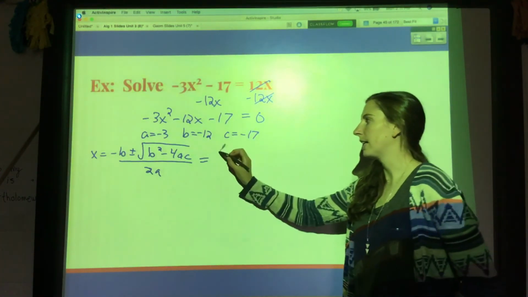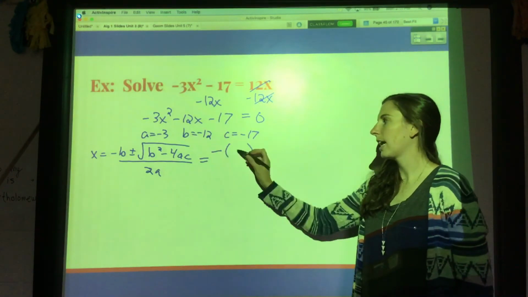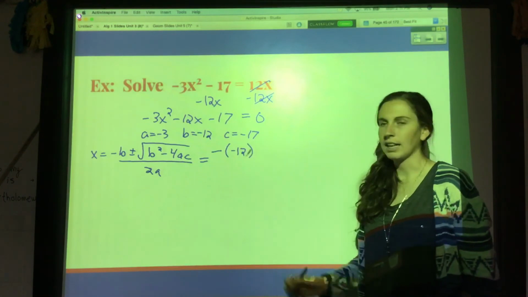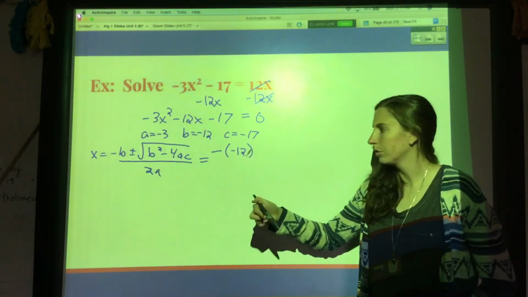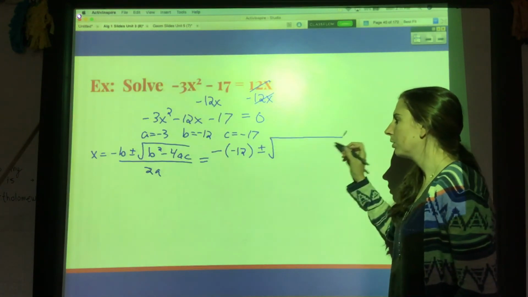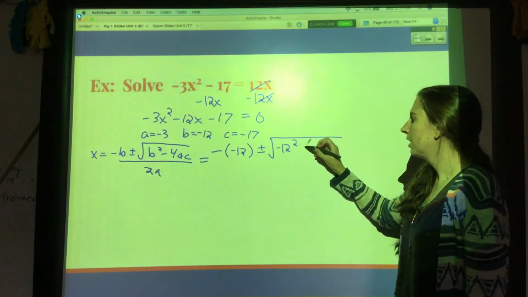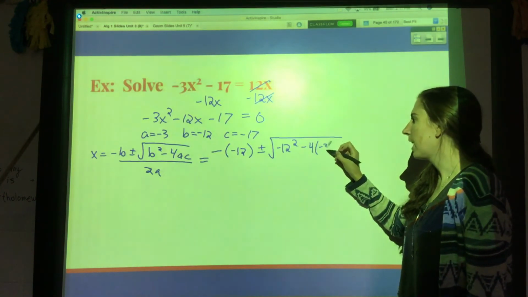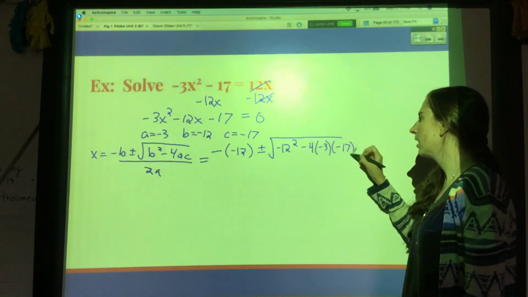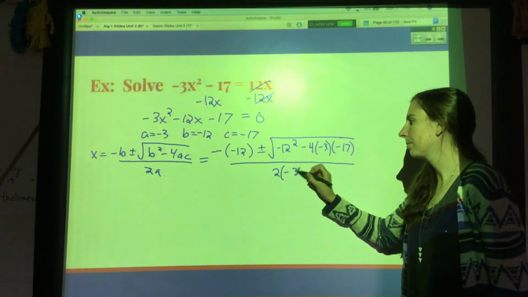So the formula is negative, and then whatever b is, which in this case is -12. That's going to end up becoming a +12. Then plus or minus the square root of b squared minus 4 times a times c all over 2a.